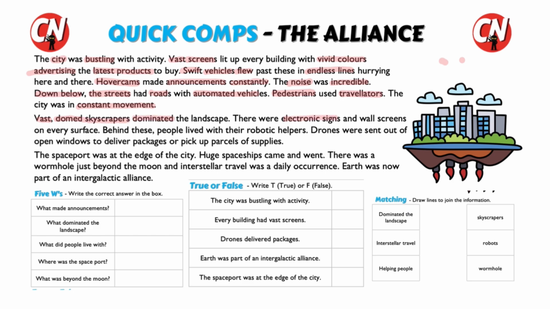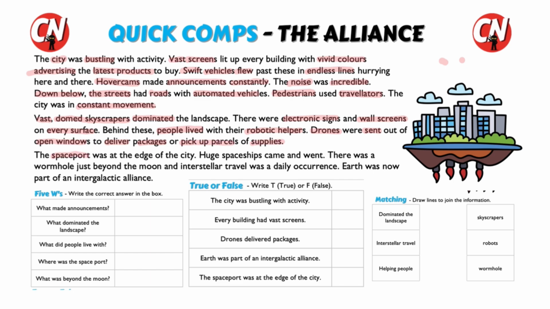There were electronic signs and wall screens on every surface. Behind these, people lived with their robotic helpers. Drones were sent out of open windows. So I'm going to highlight sent, to deliver packages or pick up parcels of supplies.